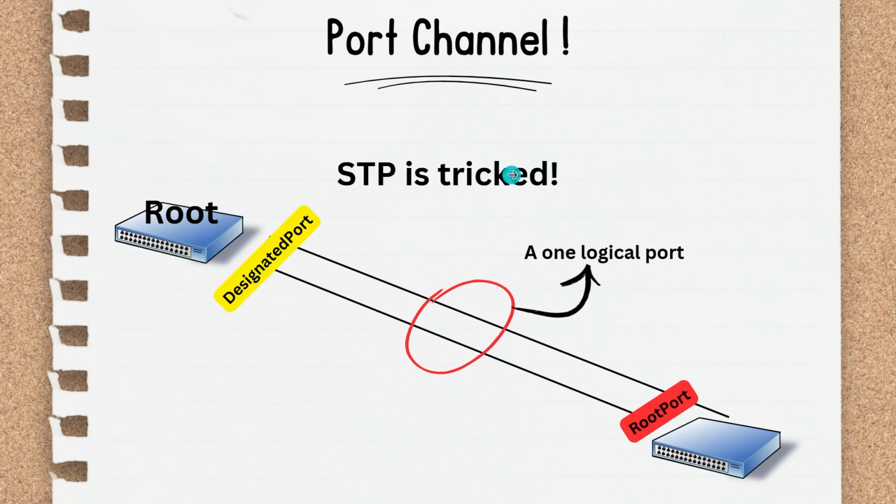Now STP is tricked and it assigns port roles accordingly. So that way LACP helps us. LACP basically helps us bundle these two physical ports and make them appear as one logical link to STP.